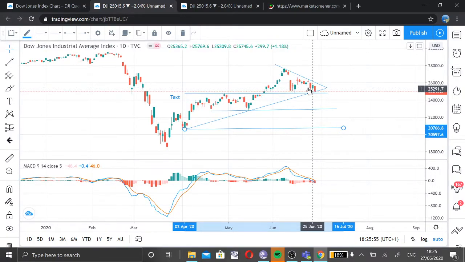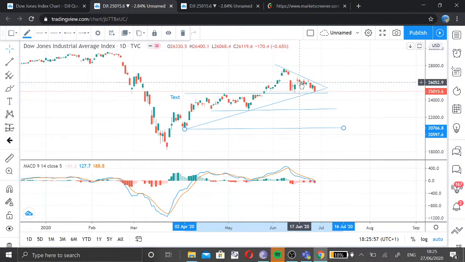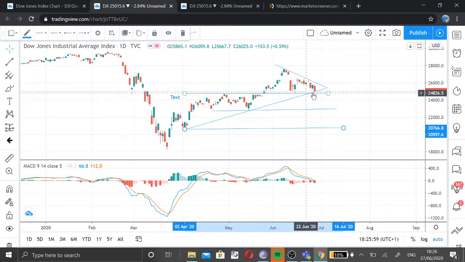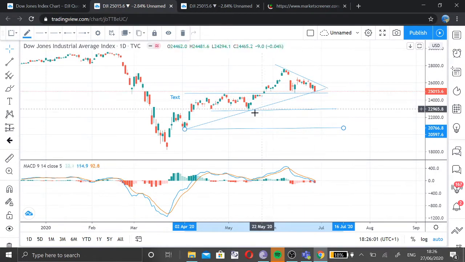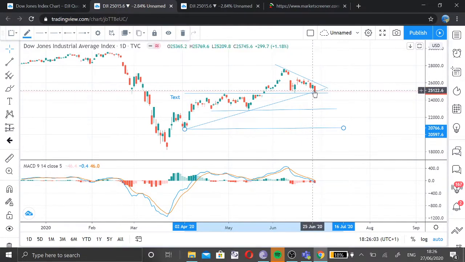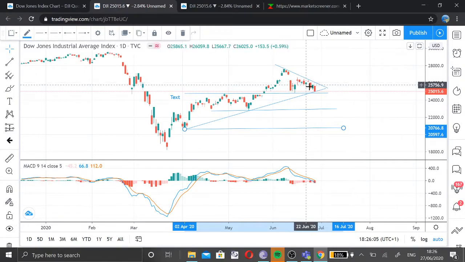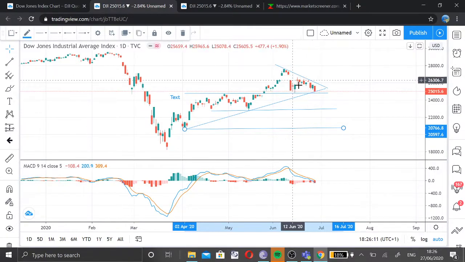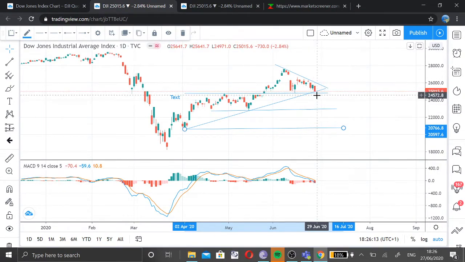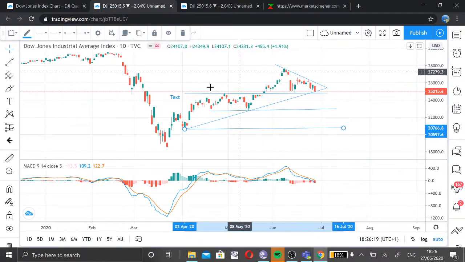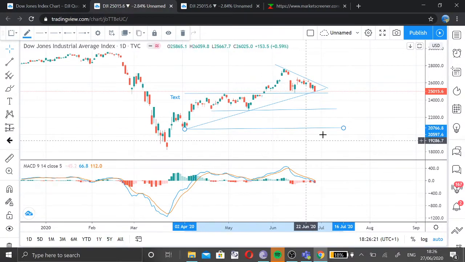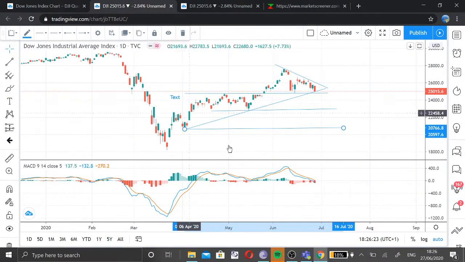However, if there is a break of this horizontal and trend line support, then we will get the first lower low. So all in all, Dow Jones looks quite weak in all the time frames.